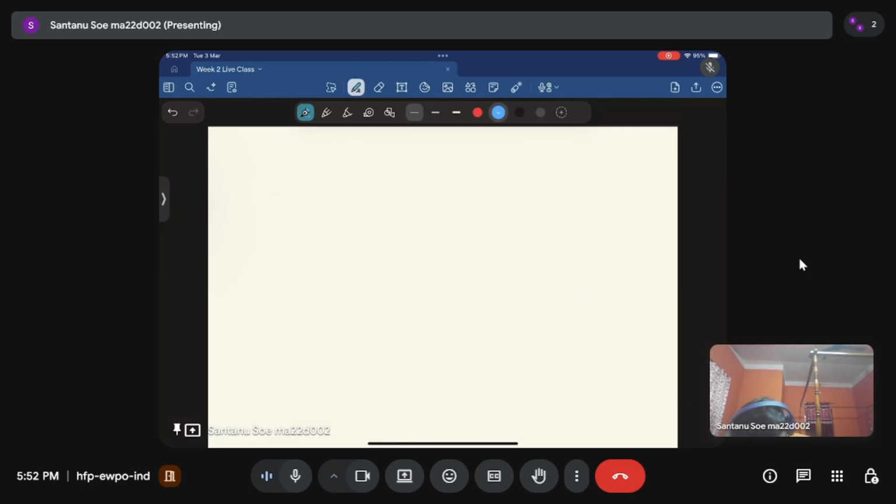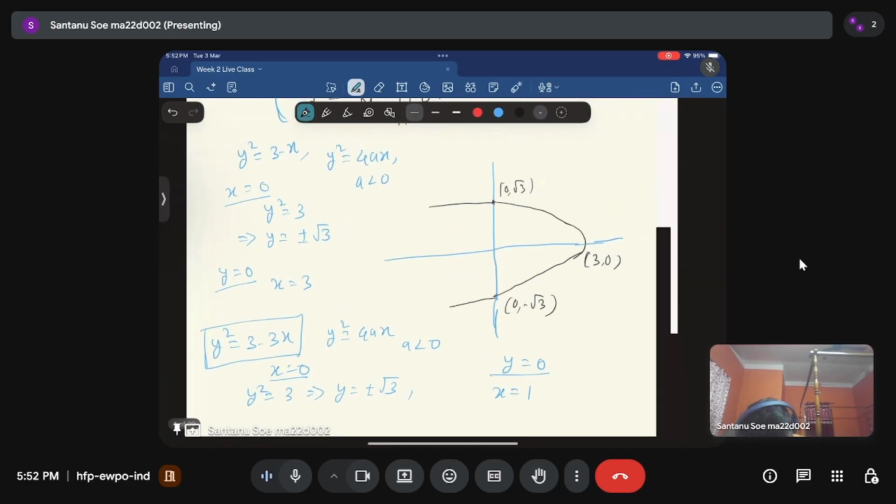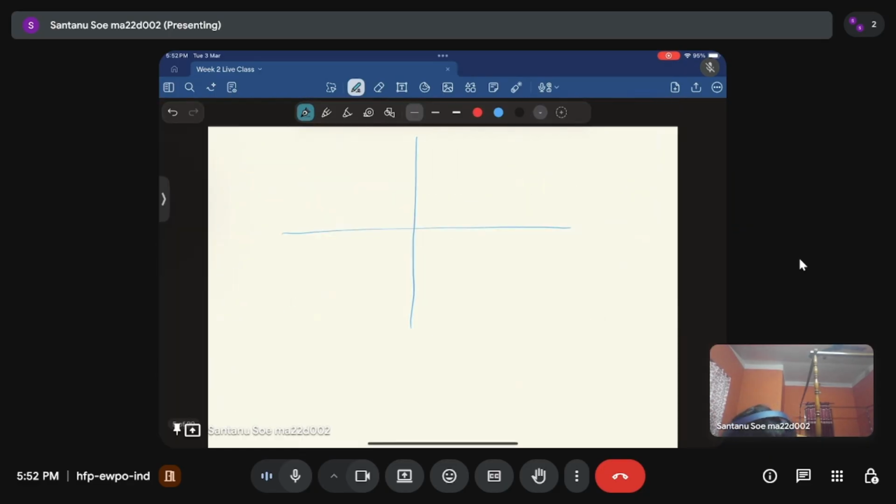Okay, so now this is going to be the graph of this parabola. The first point is x is 1 and y is 0, and the others are 0 comma root 3 and 0 comma minus of root 3. So this is going to be something like this.